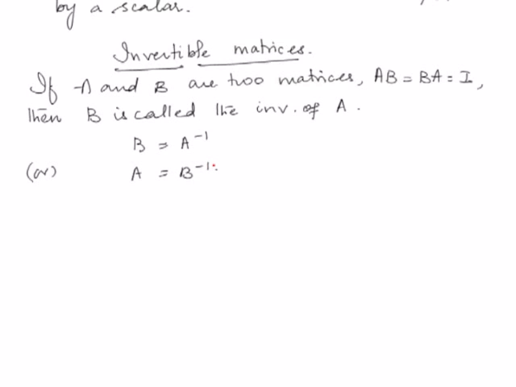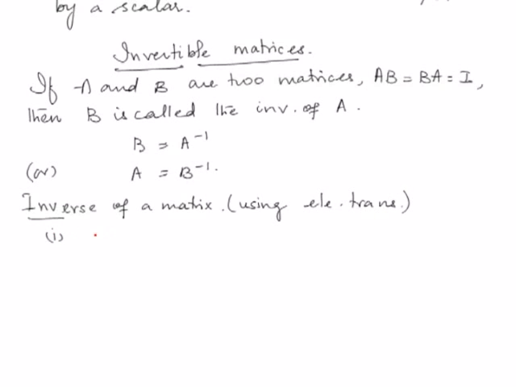Now, how shall we find the inverse of these matrices? Using elementary transformations. Please note that using elementary transformations, finding the inverse of a matrix can be done in 2 methods.